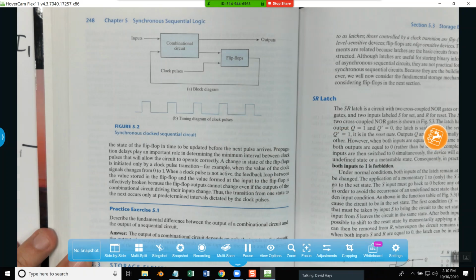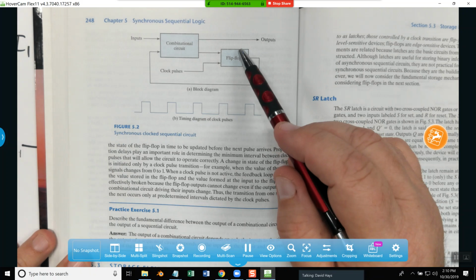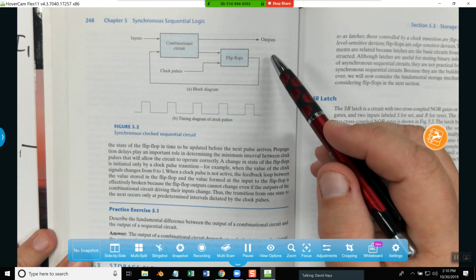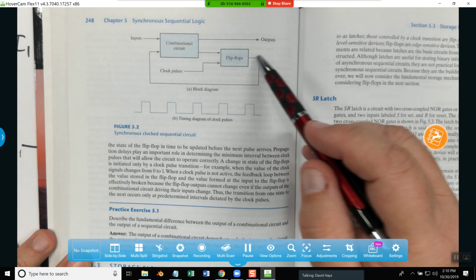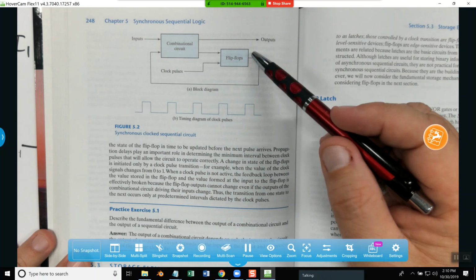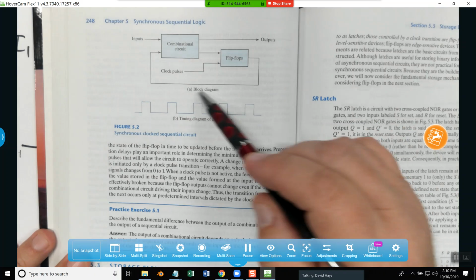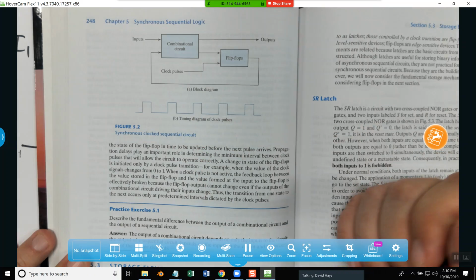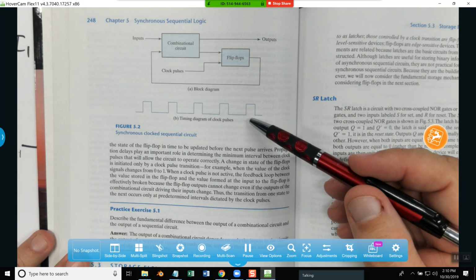And then the block diagram here shows that it circles back around like that. So your output goes through this flip-flop and then comes back in as an input. And here's a timing diagram of clock pulses coming in to help with the timing.